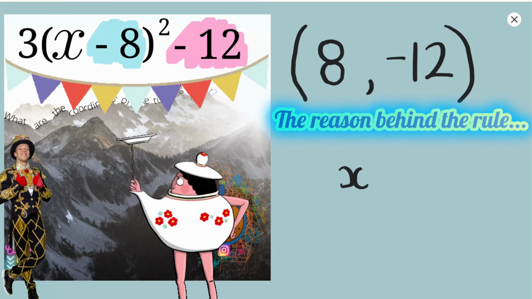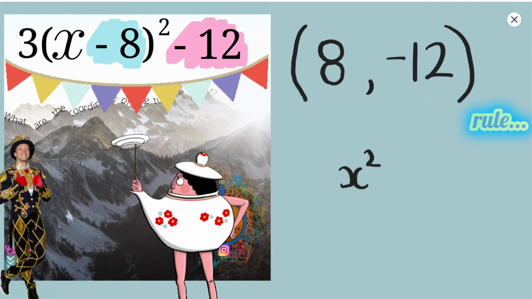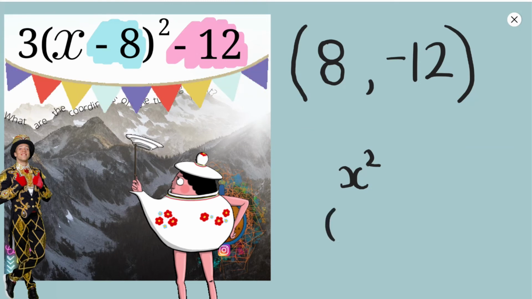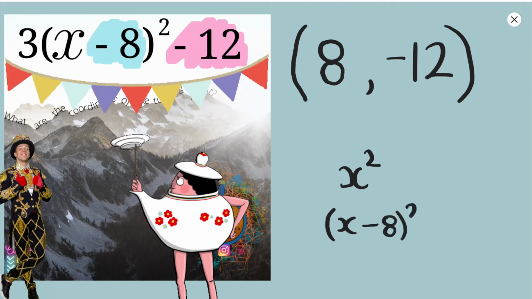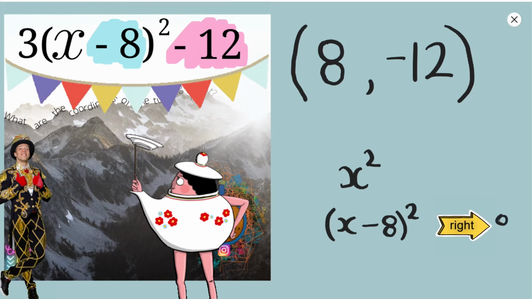So we start with our function, and in this case, the basic function is x squared. This will get transformed, and the first transformation happens immediately next to x, which is the -8 inside the bracket, which represents a shift to the right of 8. Okay, because it's right there next to it.